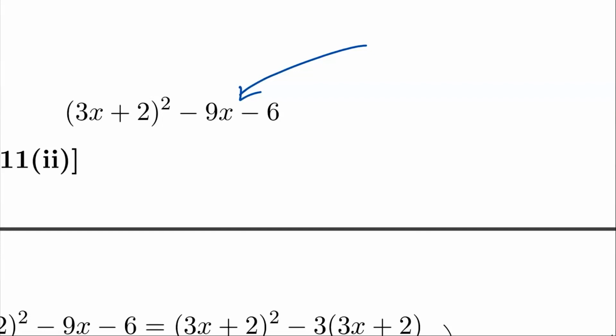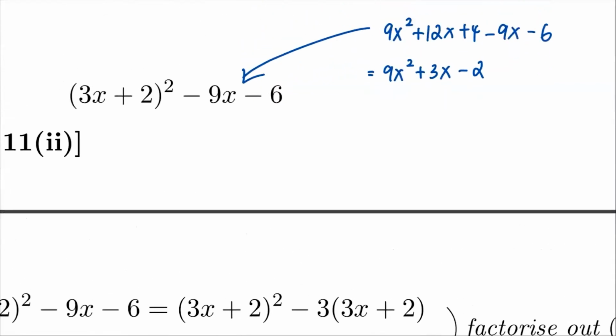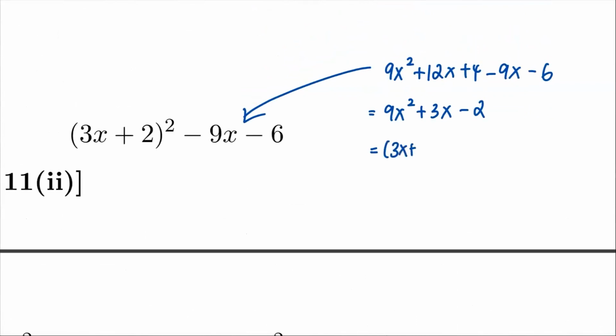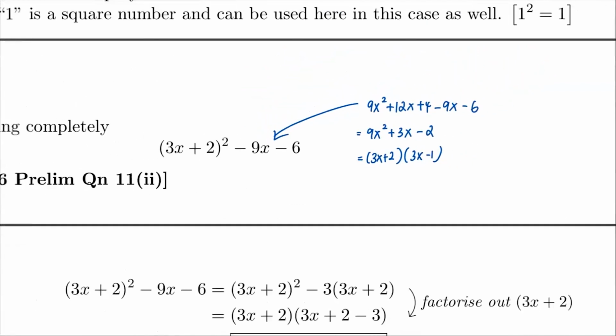So let's expand it together. 9x squared plus 12x plus 4 minus 9x minus 6, which is 9x squared plus 3x minus 2, and you get your answer. 3x plus 2, 3x minus 1. This is another way to do this kind of simplification.